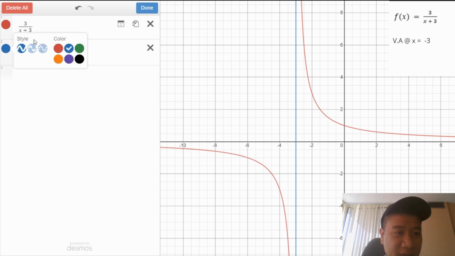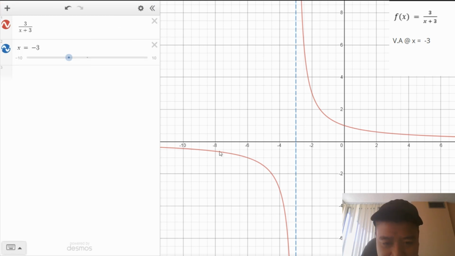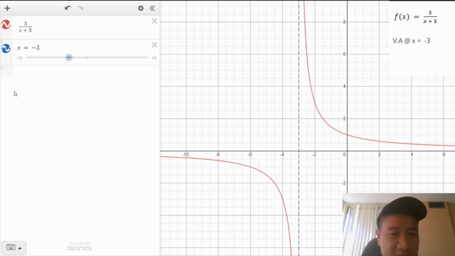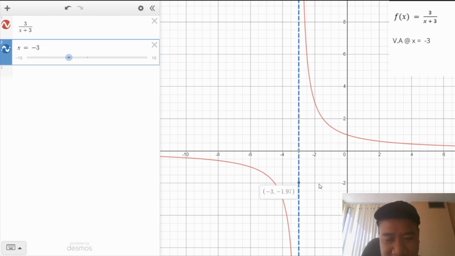Our function gets close to it, but never crosses it. That makes sense because if we substitute negative 3 into our function, we're going to get 3 over 0. Any number other than 0 divided by 0 is undefined, and that means we're going to have a vertical asymptote there on our function. So let's move on to our next example.